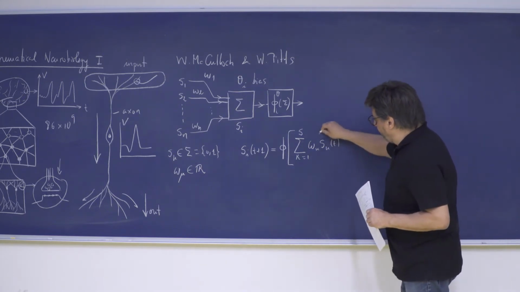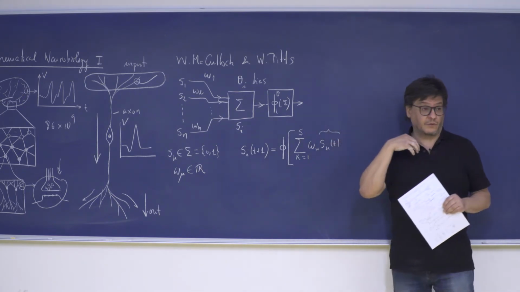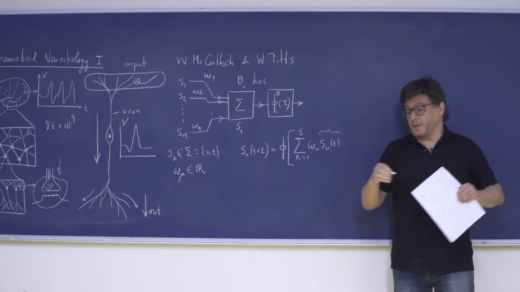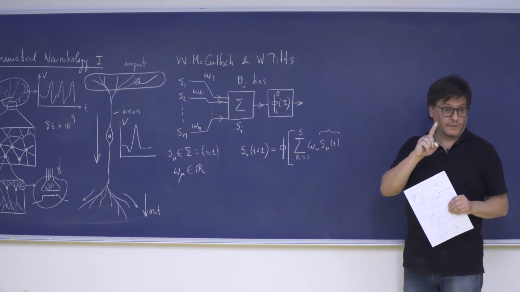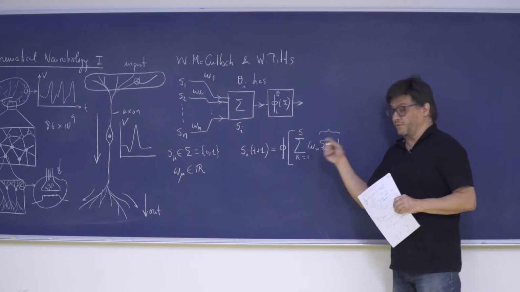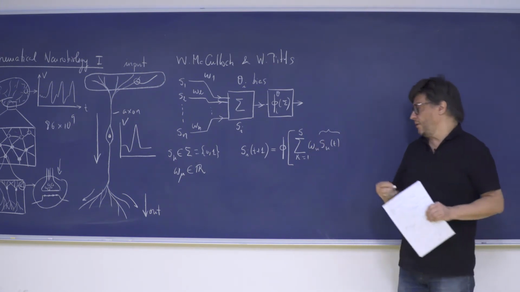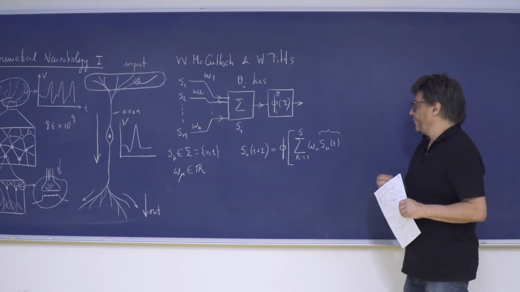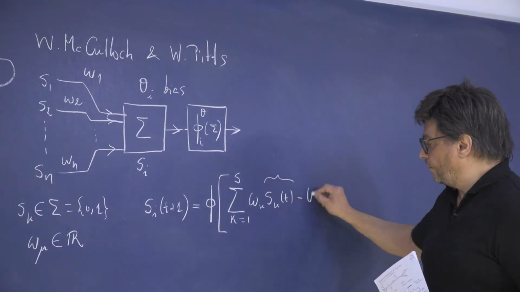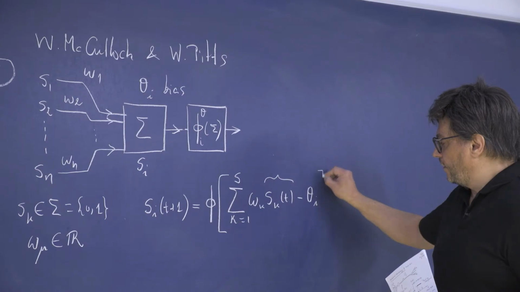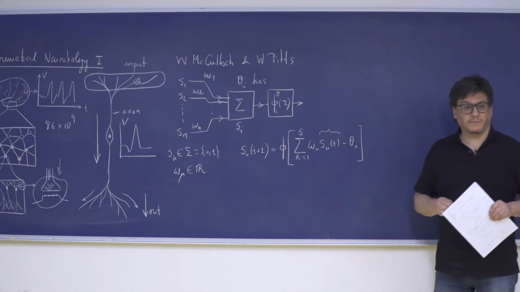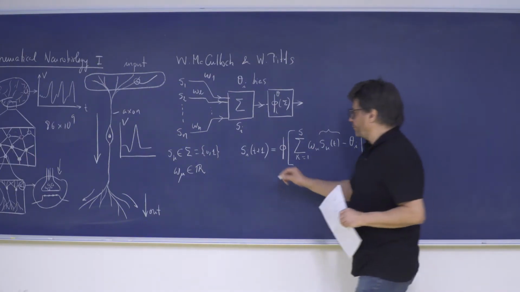If this is 0, the neuron is not firing, it's not contributing. If it's 1, it will depend on the sign of the connection what's going to be the nature of the actual input, all right, minus this threshold value, right? This is the McCulloch-Pitts model.